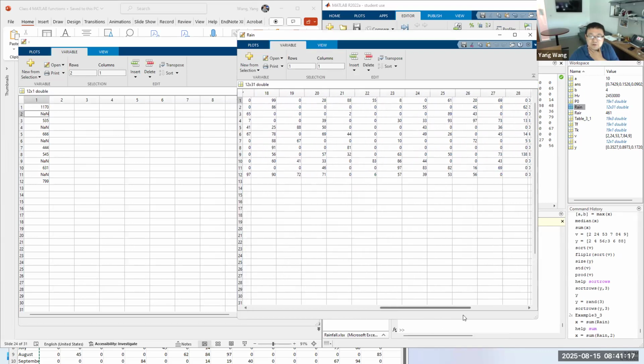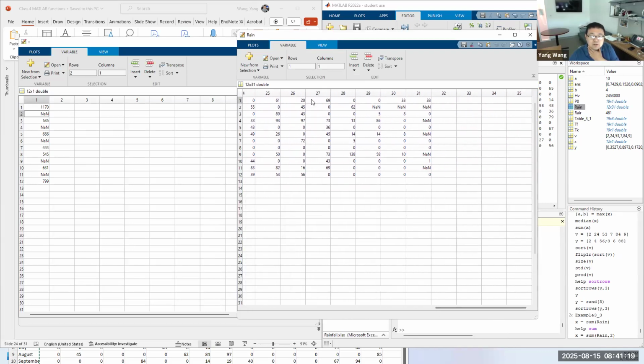What happens is that when you do the summation for each month, since you have not a number, MATLAB is going to wonder, if you have a not a number here, when you do the summation, how are you going to add, let's say, 62 with not a number? Are you going to get 62 or are you going to get not a number? The default result from directly summing a not a number with all the values is not a number.